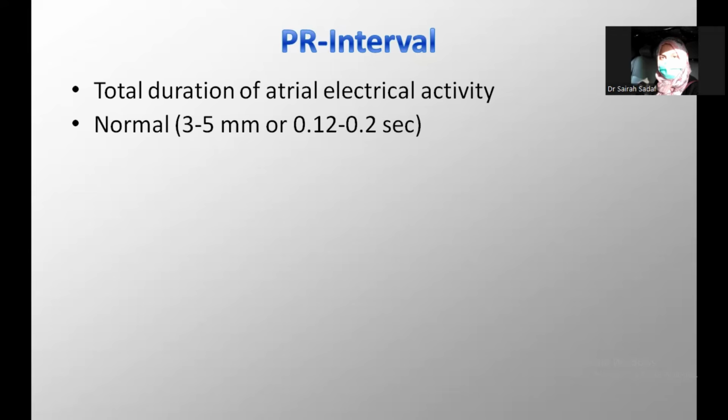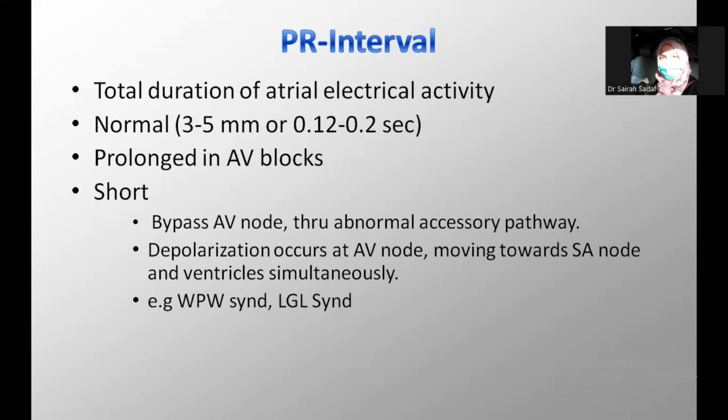Normally, it's between 3 to 5 mm, and if you want to memorize it in time duration, it's 0.1 to 0.2 seconds. It may be prolonged, usually prolonged in AV blocks, and sometimes it's shorter in conditions where it is bypassing the AV node through abnormal accessory pathways.